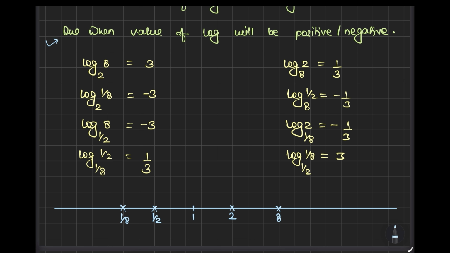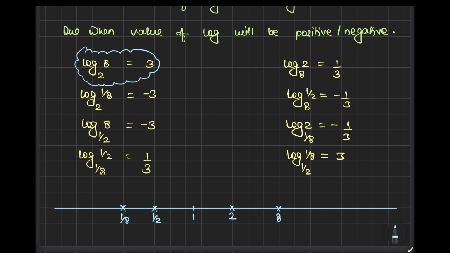Now we have to crack down when the value of the log will be greater than 1. Look at this. First here it is greater than 1. You know that the argument is 8 and the base is 2.